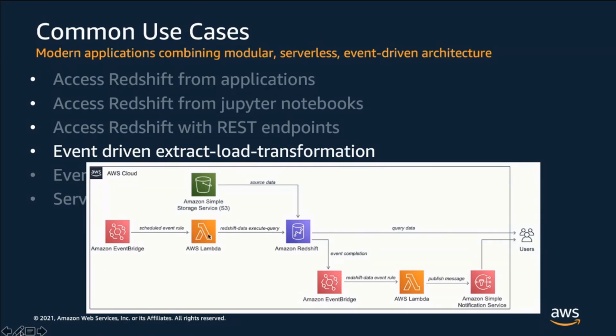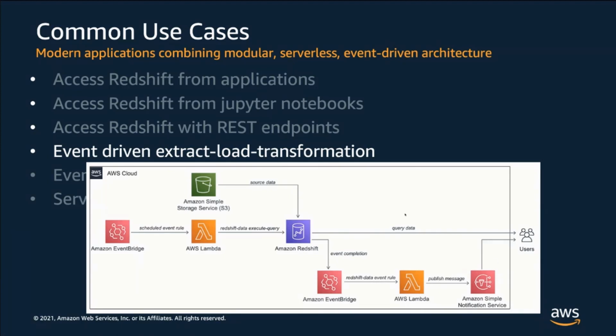The Lambda would take just 1 or 2 seconds to complete, though the stored procedure may take 30 or 40 seconds to finish. Once the stored procedure is finished, it will send an automated notification to Amazon EventBridge, which will have a different rule to trigger a Lambda function to notify my end users.